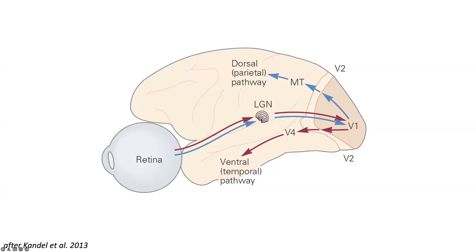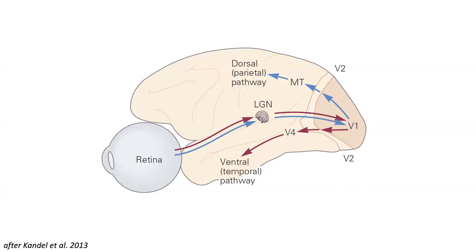Now, the parvo and magno pathways, as we can see, the red and blue lines, are separate up to the primary visual cortex, are isolated. And from V1, the primary visual cortex, the magnocellular pathway is going to turn into something which we call the dorsal pathway of visual processing.